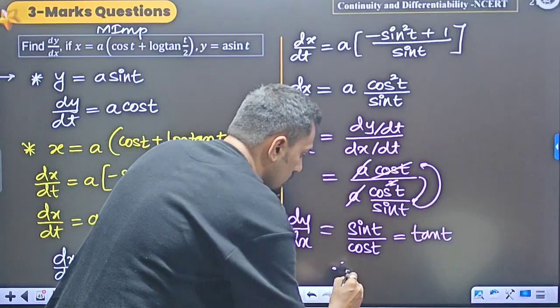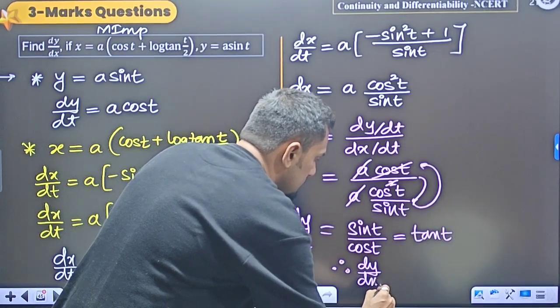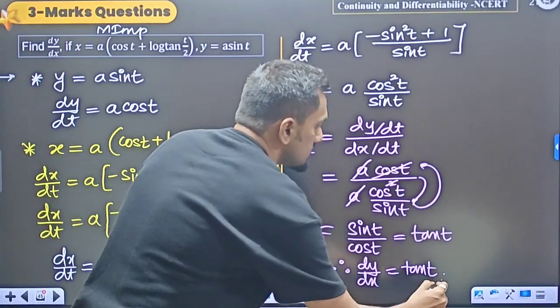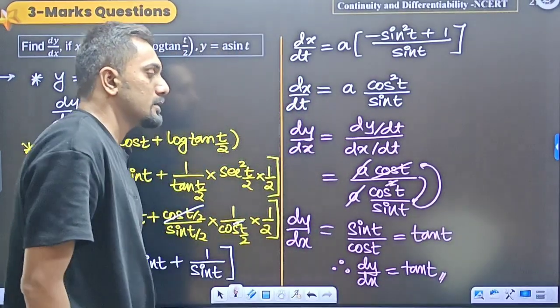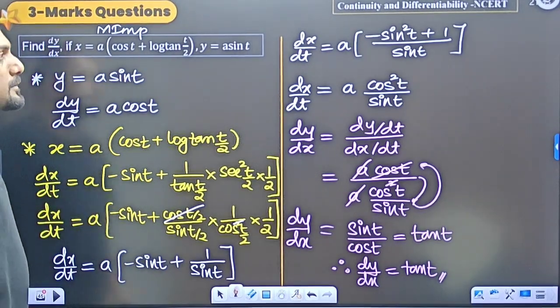Therefore the required answer is dy by dx is equal to tan t. If you write this much, then you will get 3 out of 3 marks. Pause the video and note down the answer.